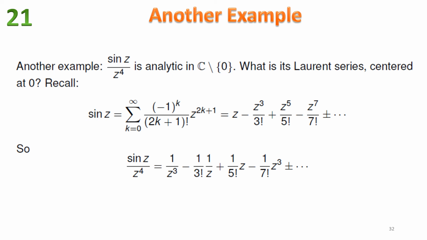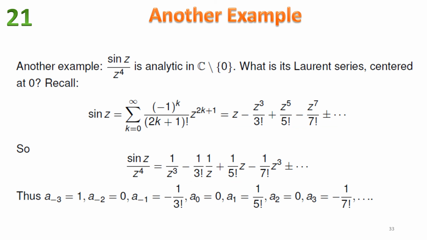Now we are interested in sine of z upon z to the power 4. So here we have to multiply 1 upon z to the power 4 with this series, and the new series that we obtain is as appearing on your screen.